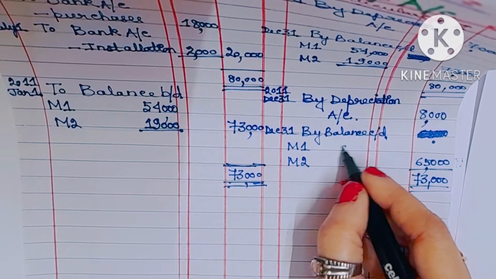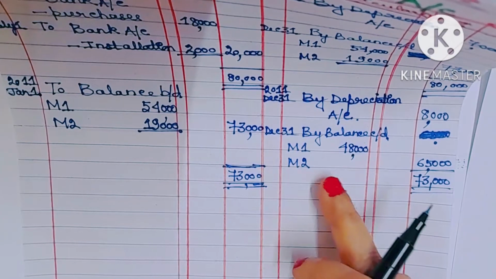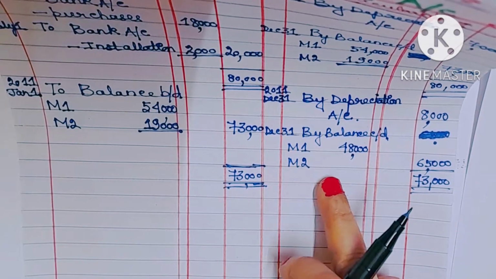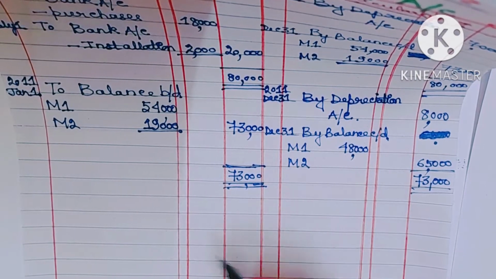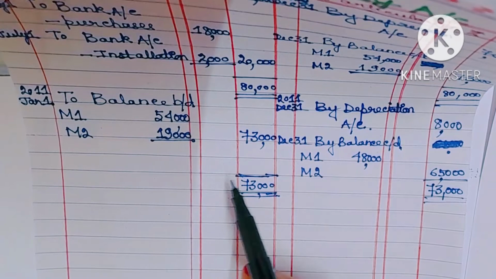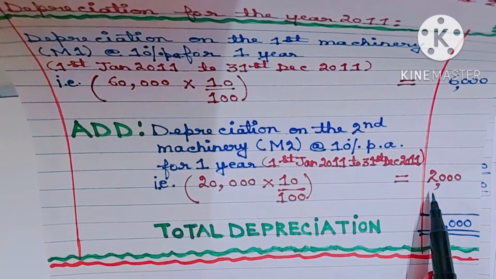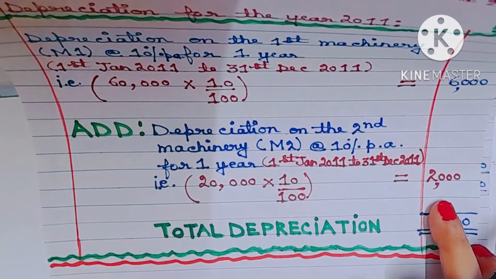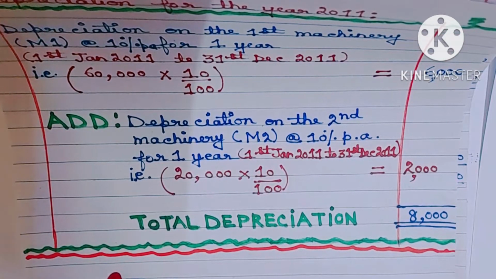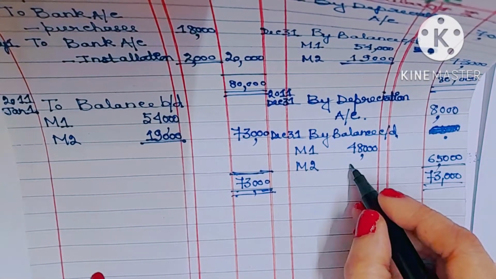What is the balancing figure of the second machinery, or what is the book value of the second machinery? 19,000 minus depreciation. What is the depreciation for the second machinery? 2,000. So 19,000 minus 2,000 gives you 17,000.